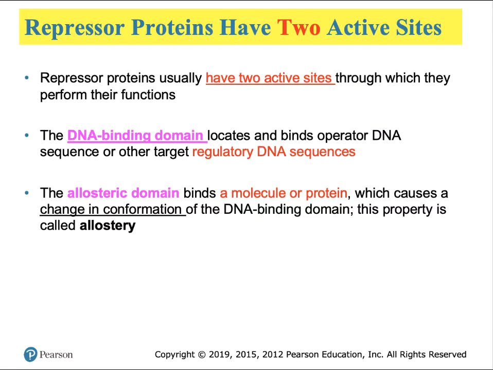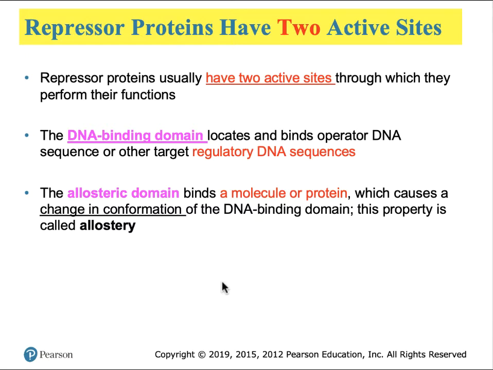Through evolutionary processes, these repressor proteins normally have two active sites. The first active site is a DNA binding domain, where the shape of the amino acids on the surface of the repressor protein allows it to bind to the operator and or other target regulatory regions of DNA.